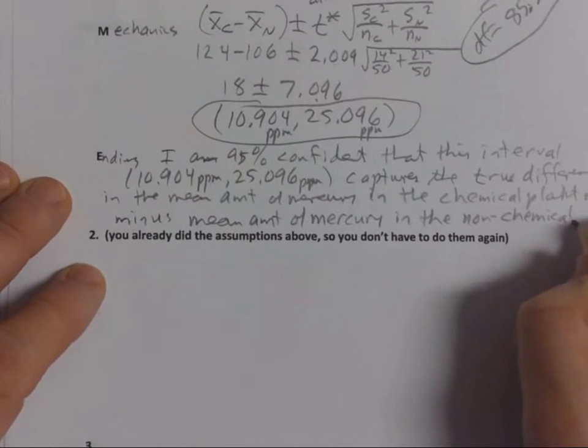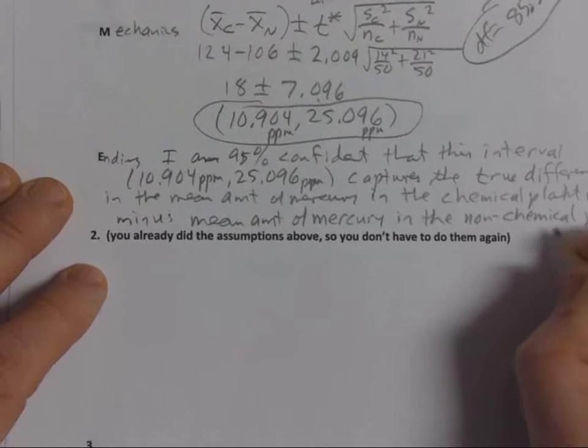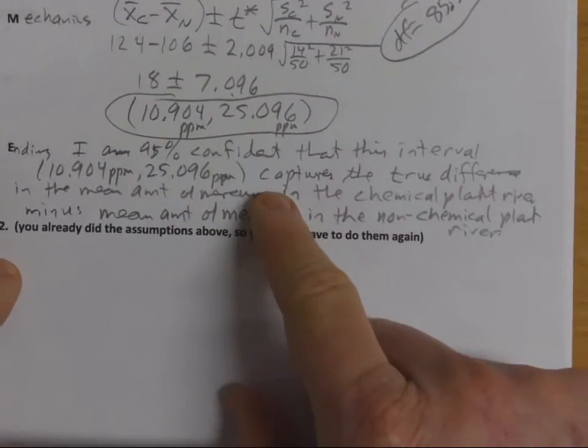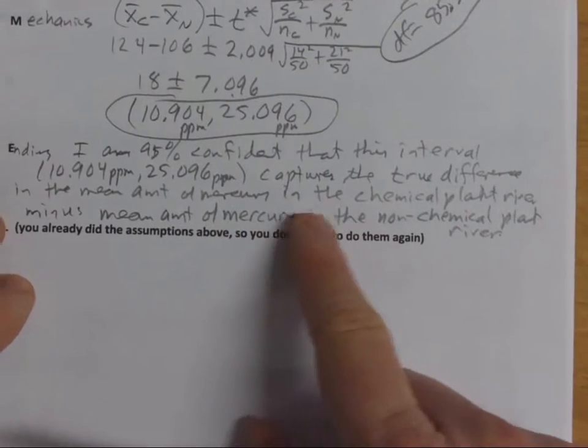Maybe not the best terminology in the world, but that's what you have to say. You have to say it in context. You're 95% confident that the difference in proportions is in there.